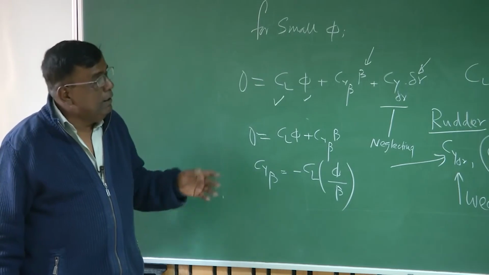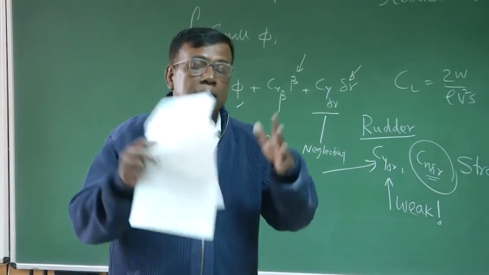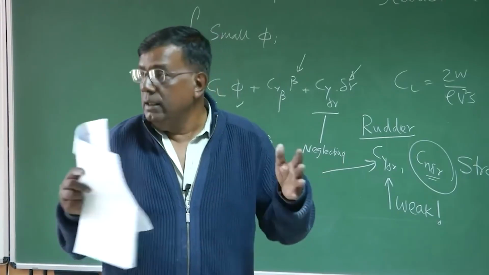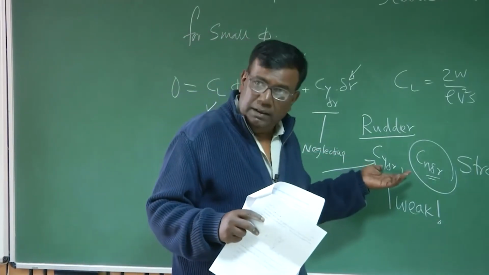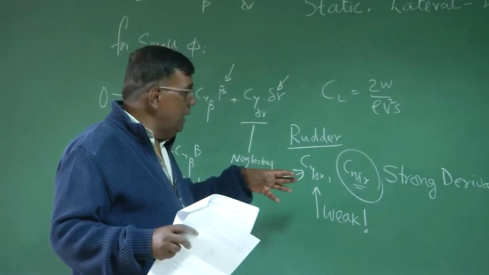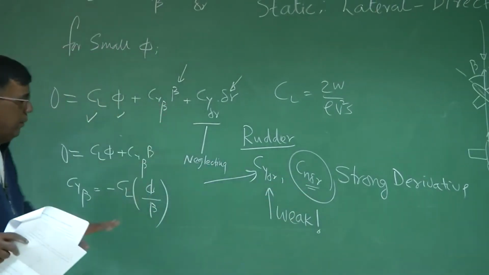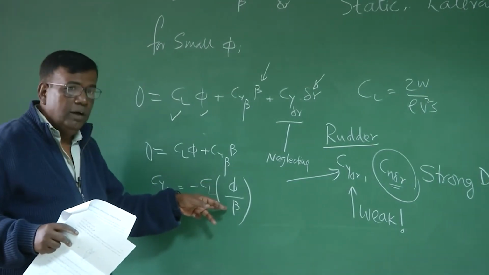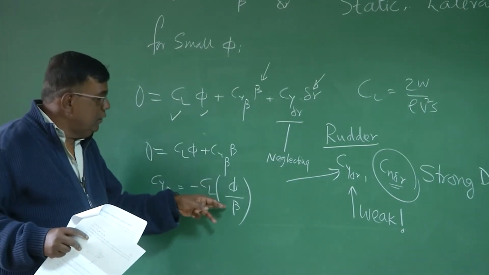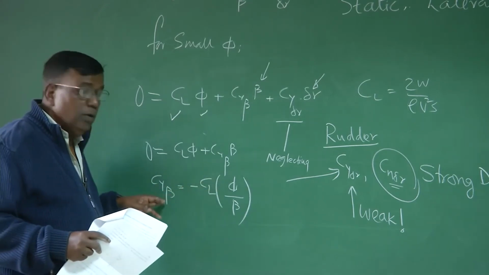The caution is, you use an airplane which doesn't have a very high rudder area or high rudder effectiveness. In a sense, the Cy delta R should not be very large. In good design, this is a weak derivative, this is a strong derivative. Under that approximation, you go for a steady side slip and measure what is phi, what is beta, find that ratio, multiply with CL, the numerical value will be Cy beta.